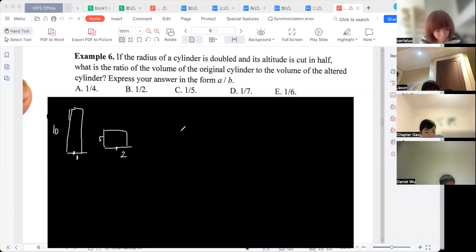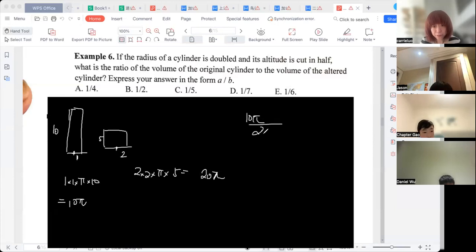So the volume of the A equals what? 1 times pi times 10. Right, so 10 pi. This one is 2 times pi times 5 equals what? Equals 20 pi. So 10 pi over 20 pi equals 1 over 2.